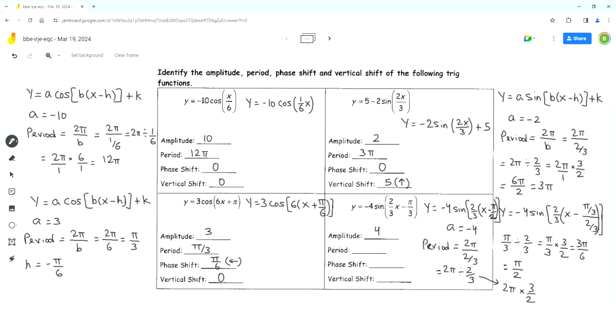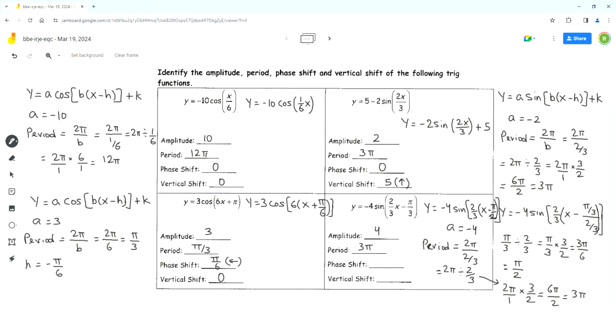And now we can multiply the terms. The denominator of 2 pi is 1. So we do 2 pi times 3, which is 6 pi. And then 1 times 2 is 2. And 6 divided by 2 is 3. So the period is 3 pi.